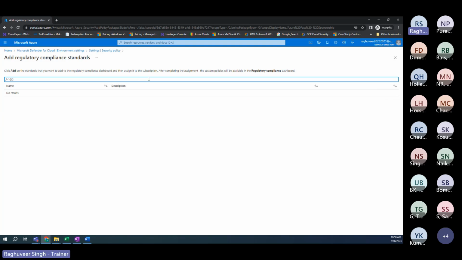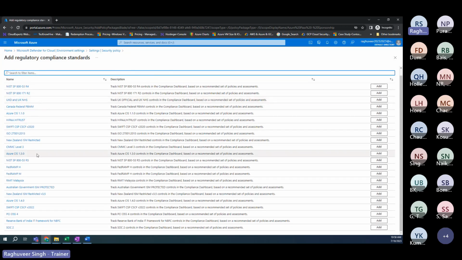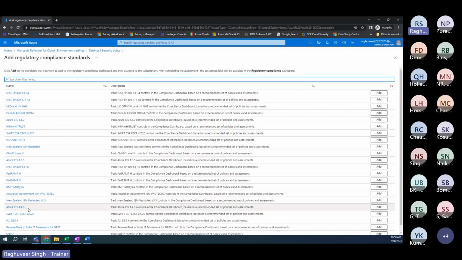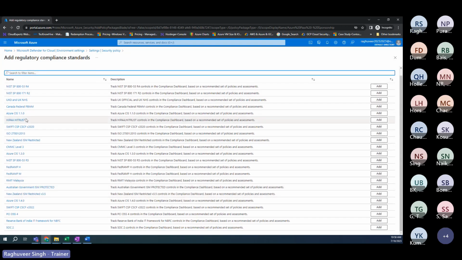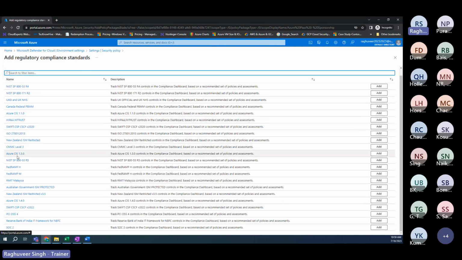You can search for GDPR in the search bar. You don't see GDPR like this. You will need to type the full form, which is general. My mouse stopped working. So you can look for GDPR in this and you can enable GDPR. So do we have GDPR, NIST, Canada, Azure, HIPAA, SWIFT, ISO, New Zealand, FedRAMP, Malaysia, Australia, Azure, PCI DSS.